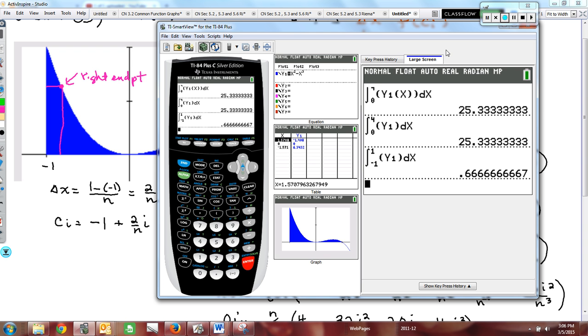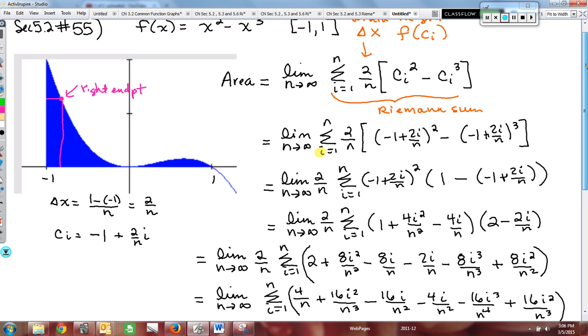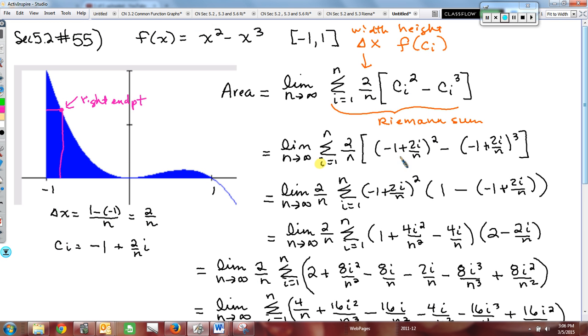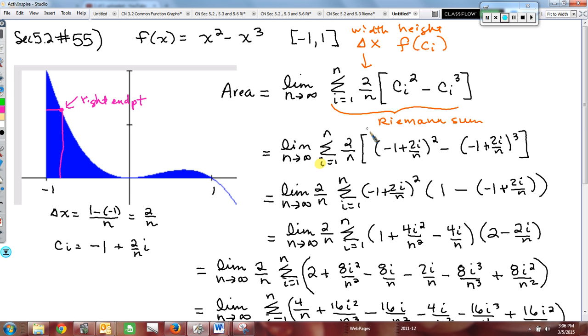So that's walking you through a fairly difficult and heavy algebra intensive problem. But again, the idea here is that you need to be able to, on the actual AP, in a multiple choice question, if you see something like this, to recognize that it actually is the area, and to understand that we really at this point don't want to be doing this for a long time to find an exact area.